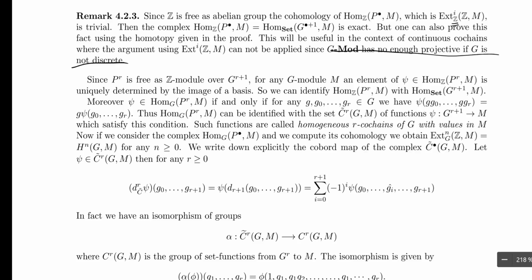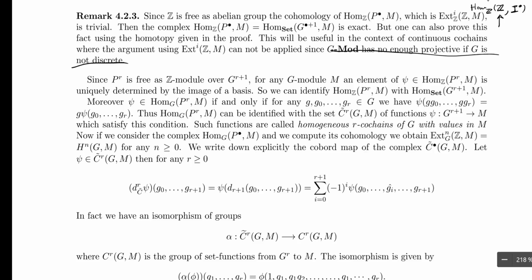Notice here what they want to say is the Ext as a Z module is trivial, but this is obviously trivial. If we compute this as a Z module, you can choose an injective resolution of M, but your functor Hom_Z here is exact, so the cohomology group must be trivial. Why does he mention this?